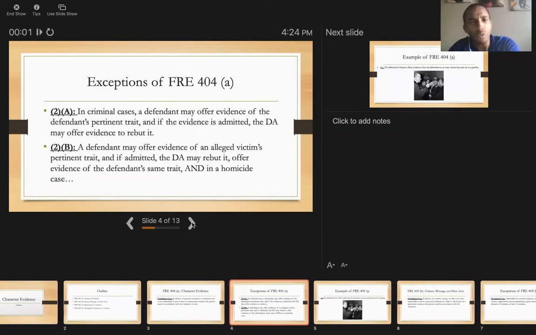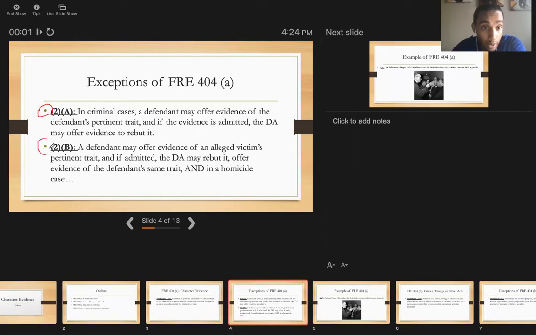So the exceptions to 404(a) are subsection 2(A) and subsection 2(B). We're going to go to 2(A) first. In criminal cases, not civil, but only in criminal cases, a defendant may offer evidence of his or her pertinent trait.